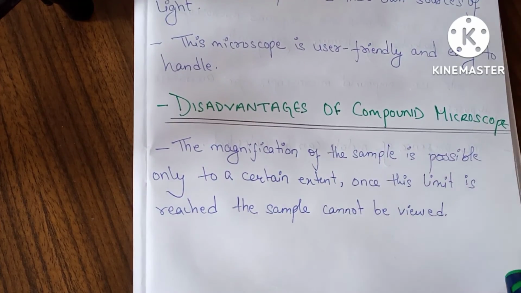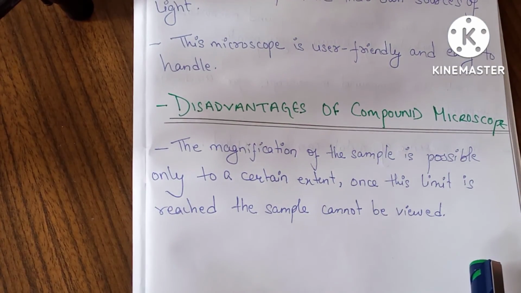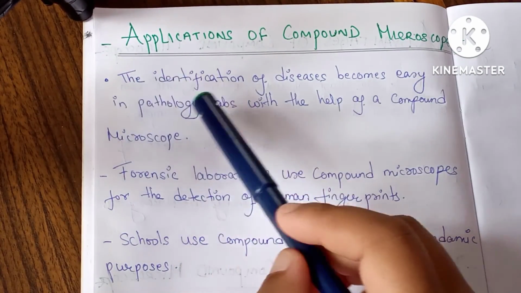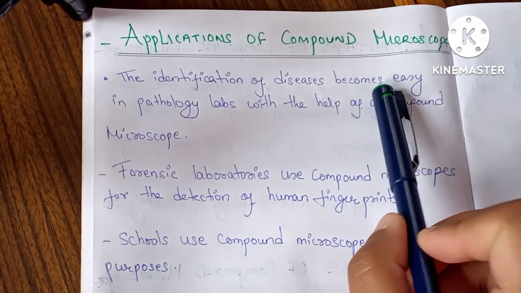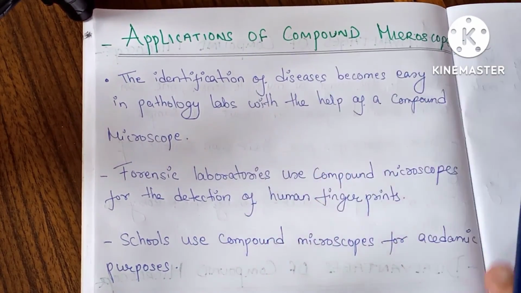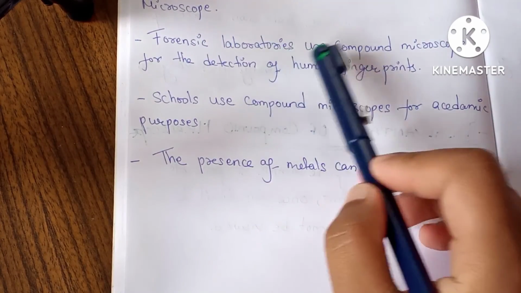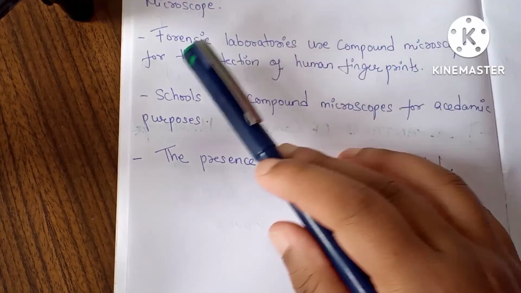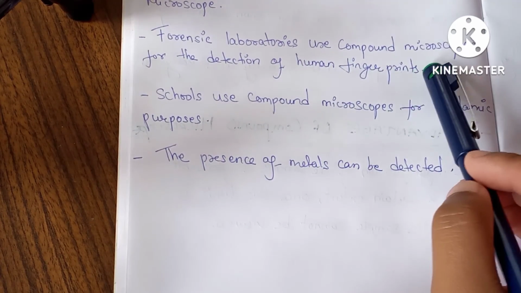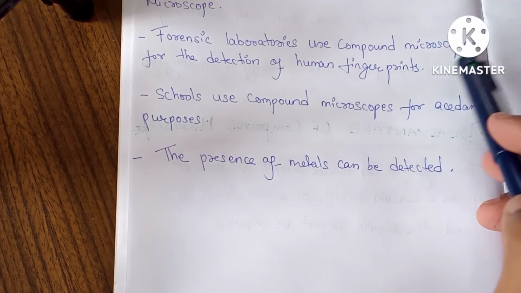Now we'll discuss the applications of the compound microscope. Number 1, the identification of diseases becomes easy in pathology labs with the help of a compound microscope. Number 2, forensic laboratories use compound microscopes for the detection of human fingerprints, that means for evidence in criminal cases.